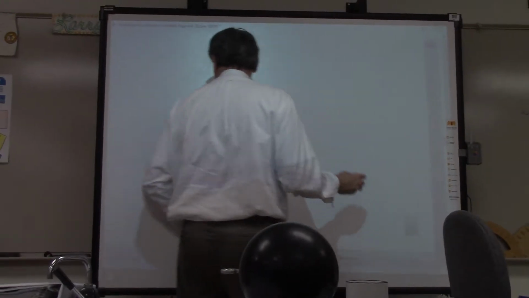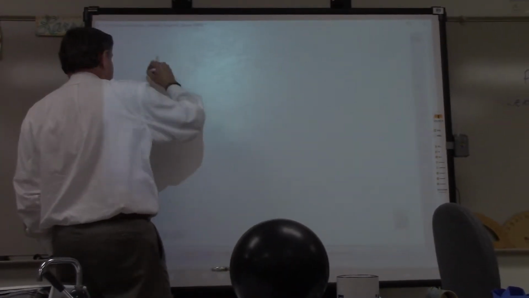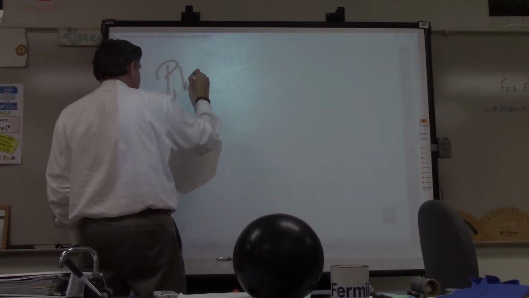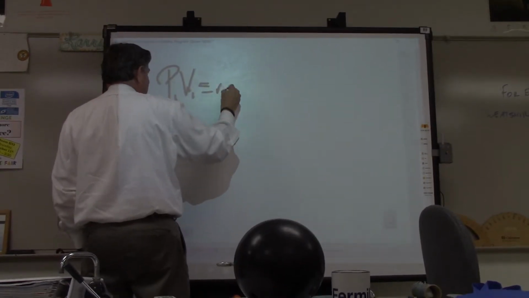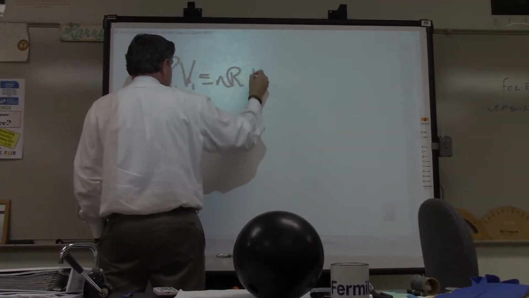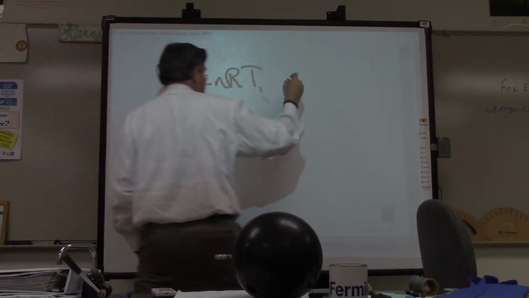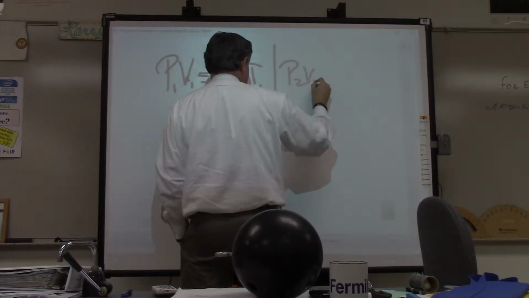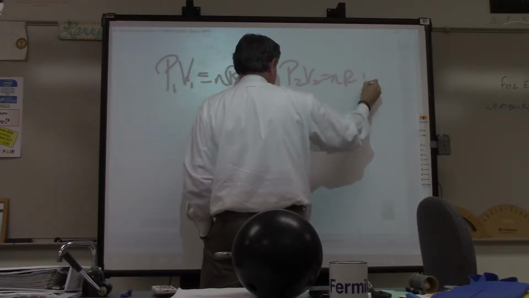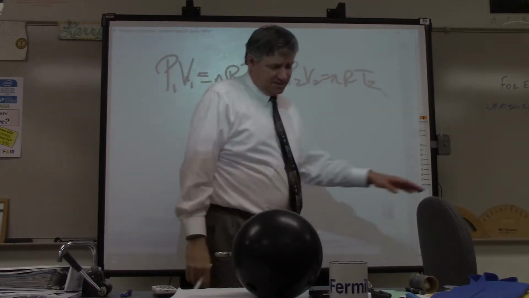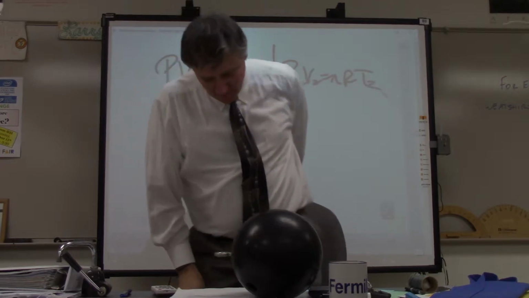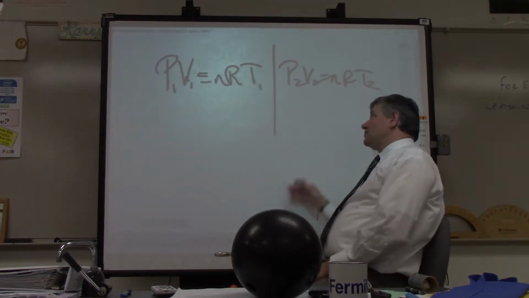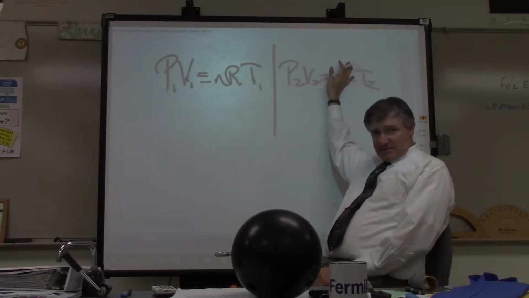So here's how you basically work any gas law problem. You've got P1 V1 equals nR T1. And then this is your second set of conditions, P2 V2 equals nR T2. You have one set of conditions, then a final set of conditions.